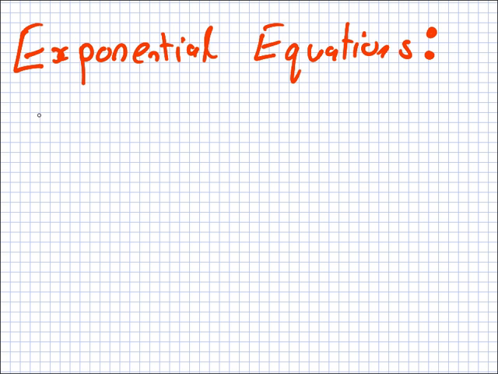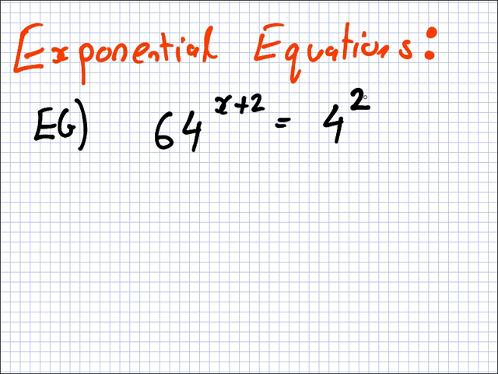For this lesson we're just looking at lots of examples of using the rules. The first example is 64 power x plus 2 equals 4 squared.